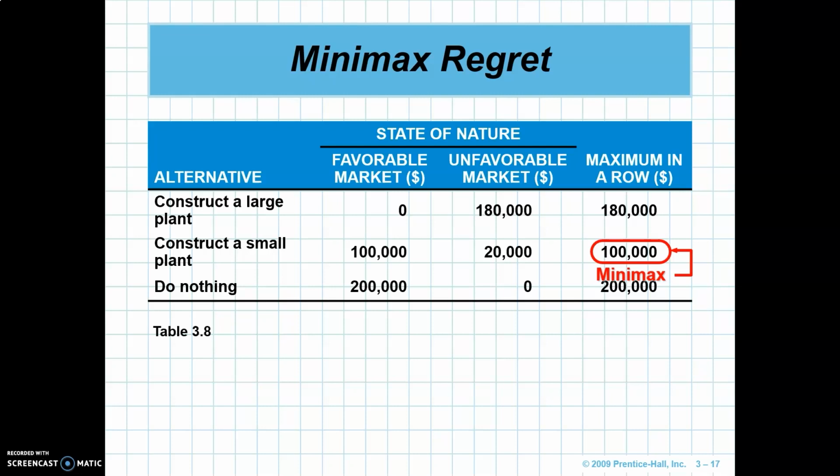So the minimax regret criterion says that you should construct a small plant, and the total profit you will be earning is 1 lakh rupees, right? So this criterion is called the minimax regret method. This is one of the most important ones used for making decisions, right?